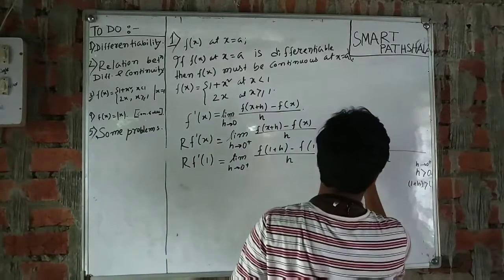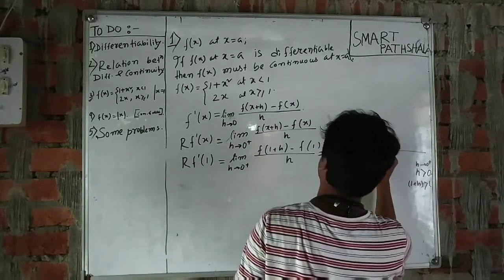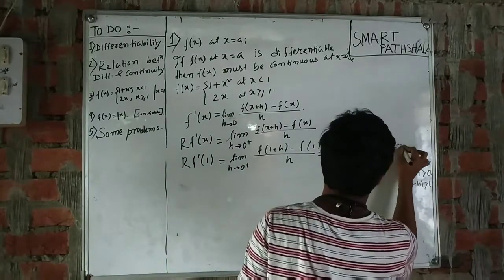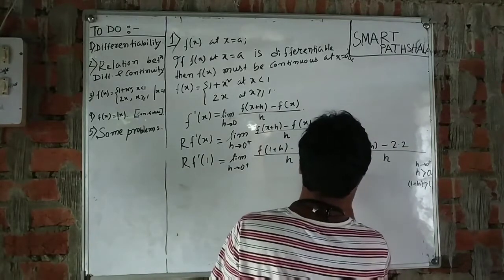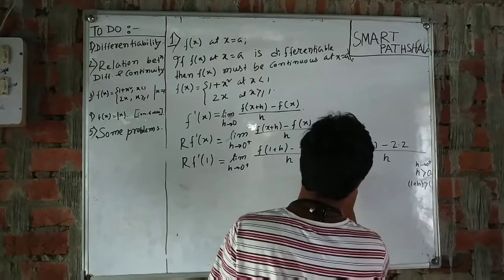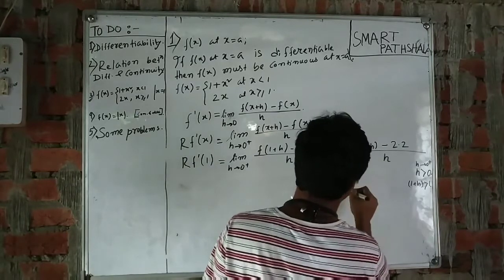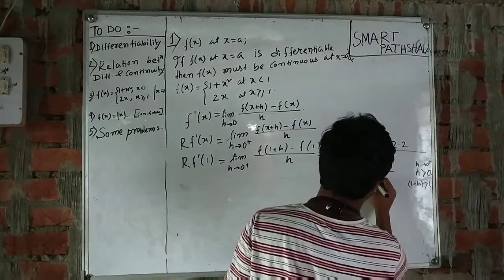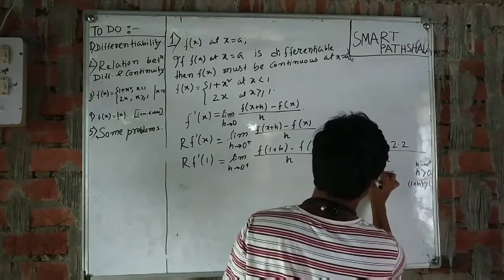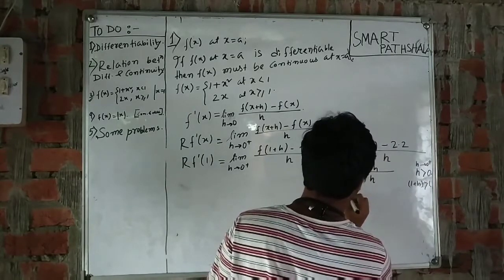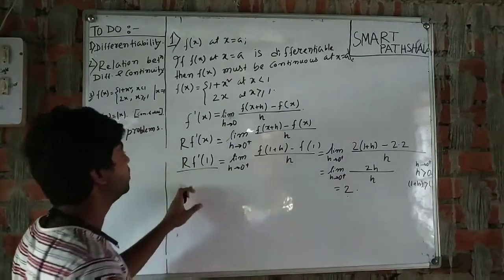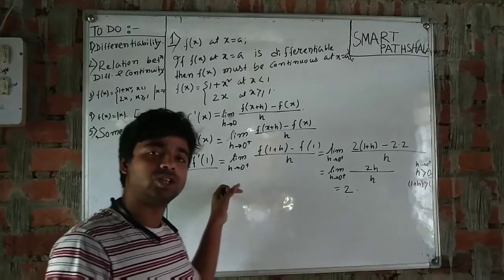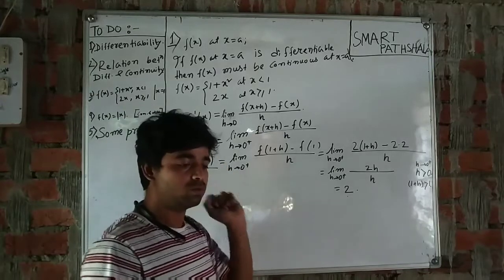So 2 into 1 plus h minus 2 into 1, which gives us limit h tends to 0 of 2h by h is equal to 2. So 2 is the value of the right hand derivative of the function f of x at x is equal to 1.